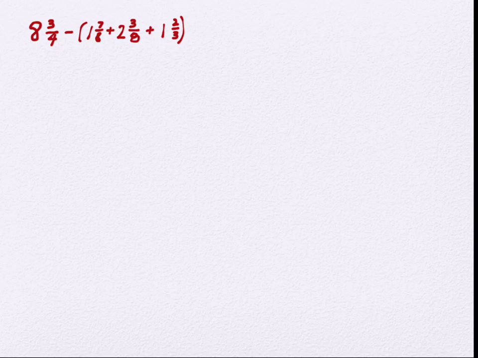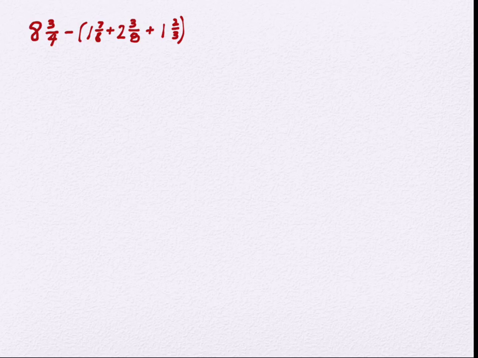Okay. So we're going to deal with everything inside the parentheses first, and then we'll deal with the stuff on the outside, just like before. But with the improper fraction approach, we need to get them all to be improper fractions. We can change the 8 and 3/4 too at the same time.